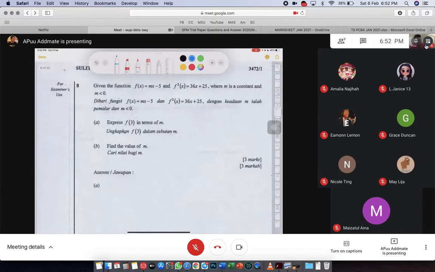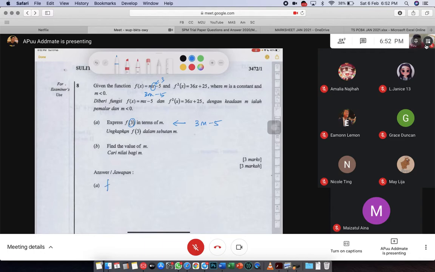I think this is the easiest part. Think, what is the answer? Janice, any idea? That's it. 3m minus 5, because you substitute x with 3. Sometimes it is too easy and we start to doubt. But that's it for this question. Next question.